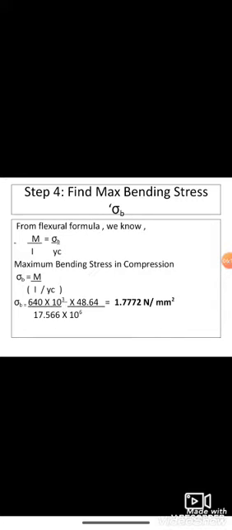Now yeah, moment is 640 into 10 raised to 3. I is 17.56 into 10 raised to 6. YC नीचे था तो YC एकदम न्यूमरेटर में आ जाएगा. YC is 48.64. Solving we get 1.7772 Newton per mm square.